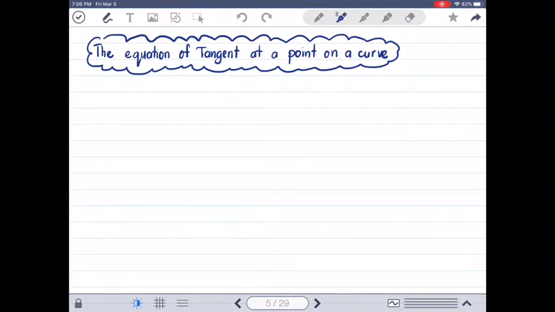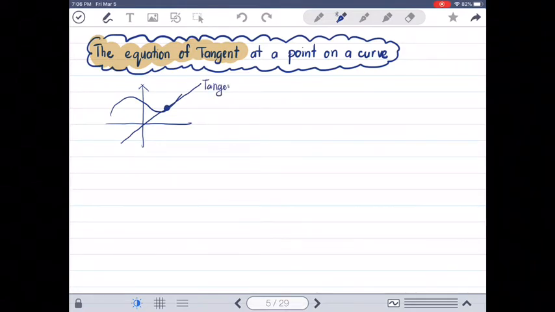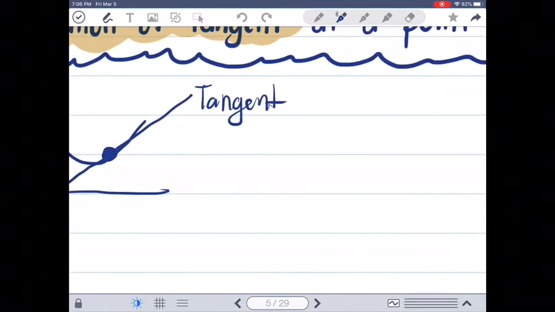Okay, now we are going to talk about the equation of a tangent at a point on the curve. So suppose that you have a curve, say any curve, and you have a tangent that hits one point. This is the tangent, and you want to know the equation of this tangent.